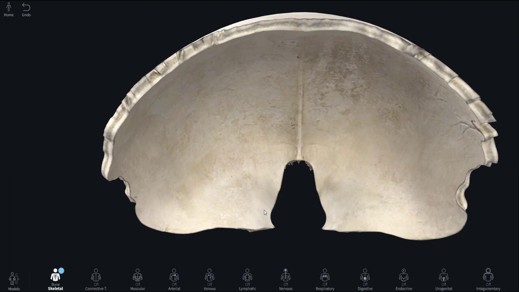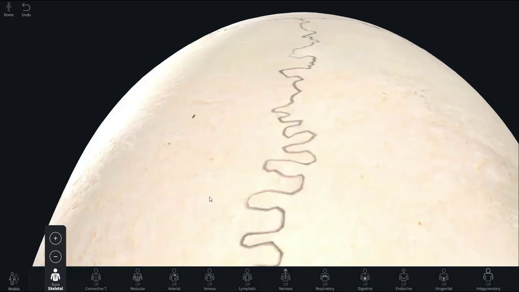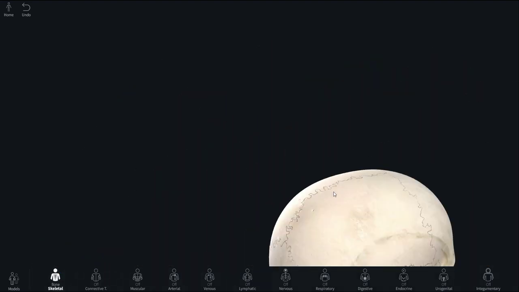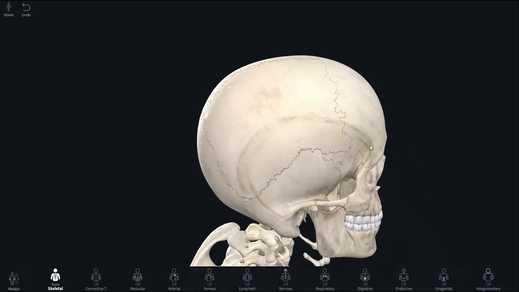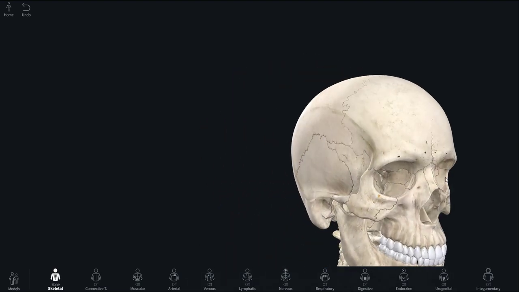I hope it's not getting overwhelming here, because it might. This is related to the anatomy of the ethmoid bone. But still, let me just talk about one or two things about the ethmoid bone so that you understand this.